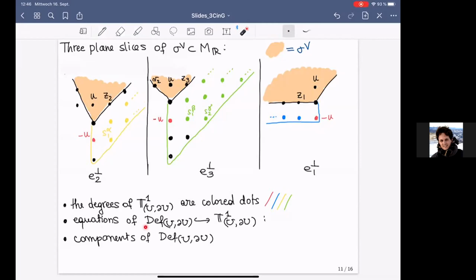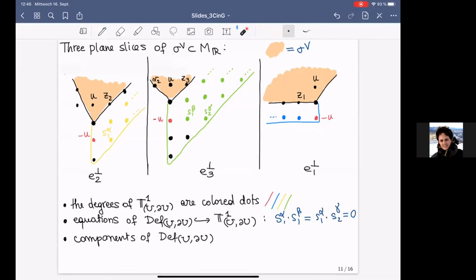And one can write down the equations for the embedding of the germ of the deformations of the pair inside the T1. And the equations are simply S1 alpha times S1 beta equals S1 alpha times S2 gamma equals 0. Here, notice that I have 3 of these dots, I have given names to them.